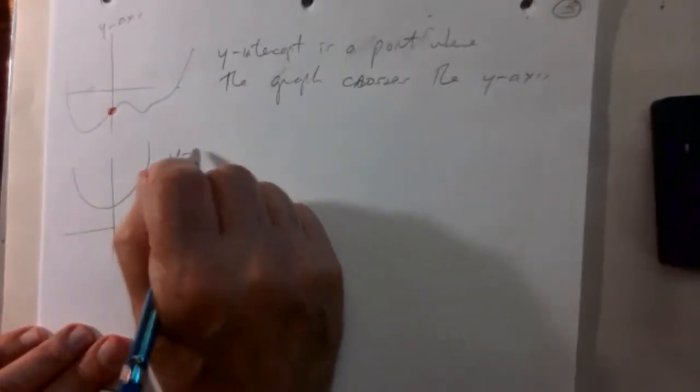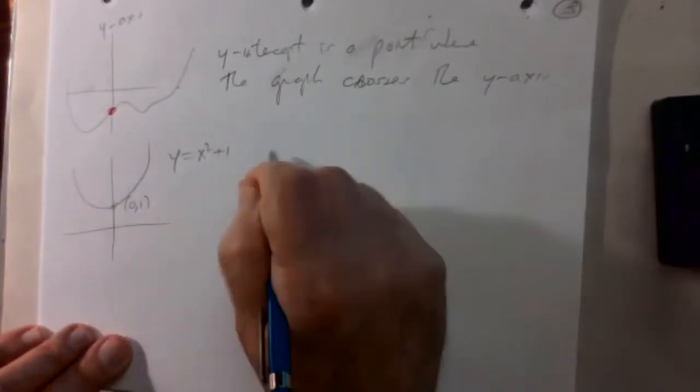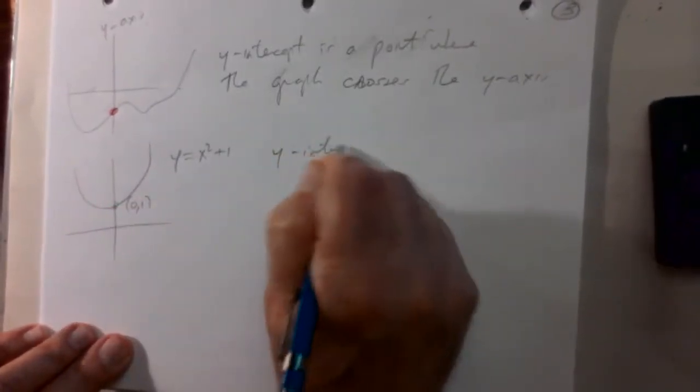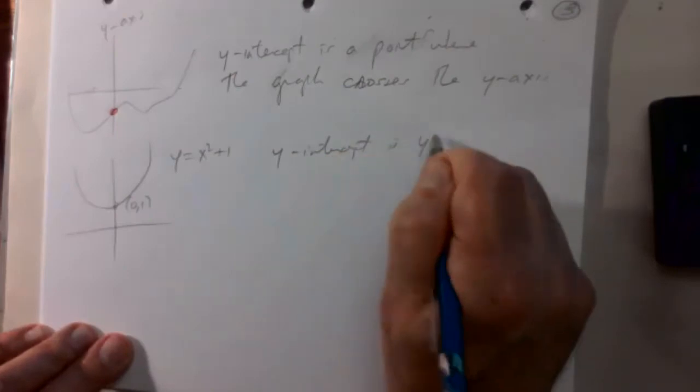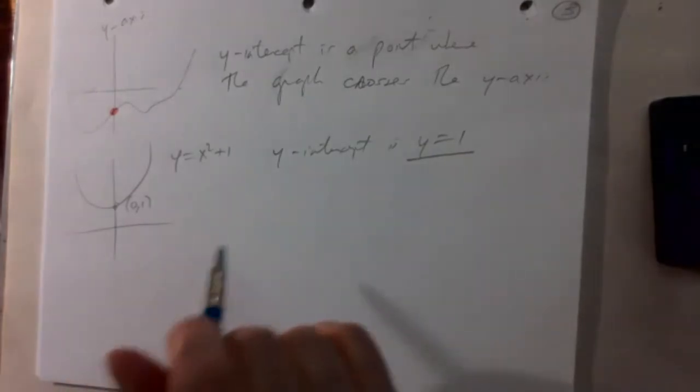So for example, when we had the parabola y equals x squared plus 1, the y-intercept is y equals 1. That's where this graph crosses the y-axis.